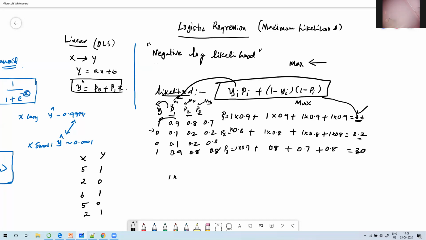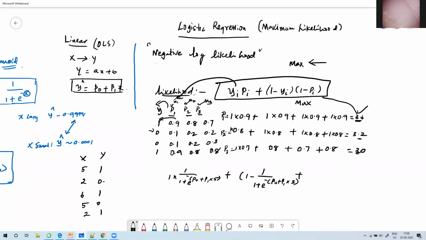Then pi is nothing but the probability, which is 1 by 1 plus e to the power of minus beta naught plus beta 1 into 5. For the second, yi is 0, so this is 1 minus yi, which is 1, into 1 minus pi. What is 1 minus pi? 1 minus 1 by 1 plus e to the power of minus beta naught plus beta 1 into 2.